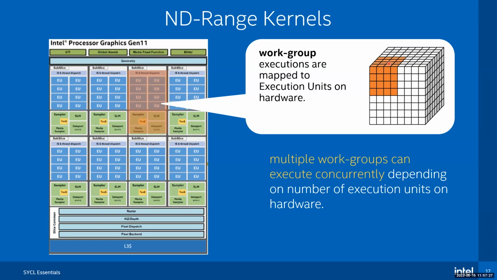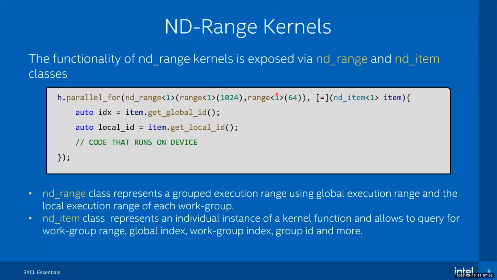If you have multiple groups, they will be scheduled on multiple EUs, and all of those can be executed in parallel instead of having just one large group. If you chunk it up into smaller groups, this will enable parallel execution, and you can get better performance. And that's what we will mostly be learning when it comes to optimizations, right?